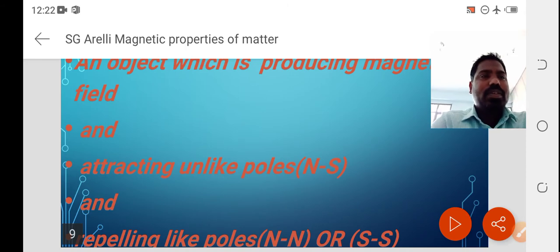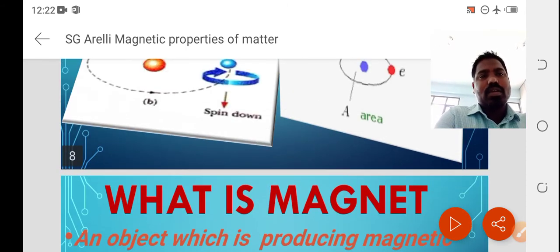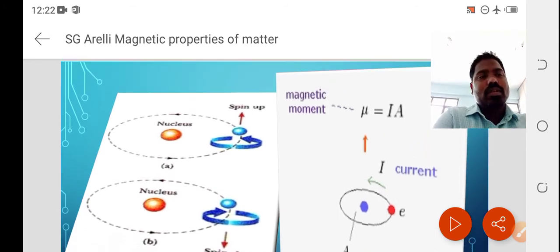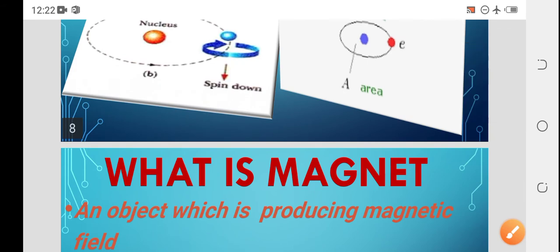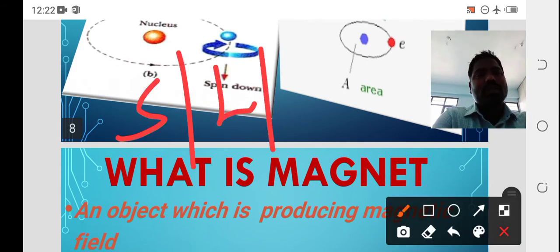In the previous slides somebody asked what is material. Matter may be solid, liquid, or gas.